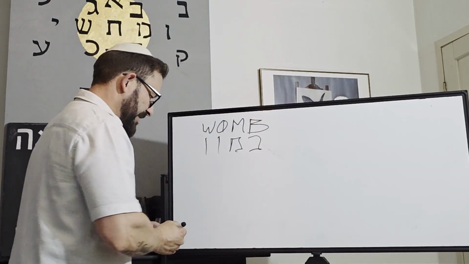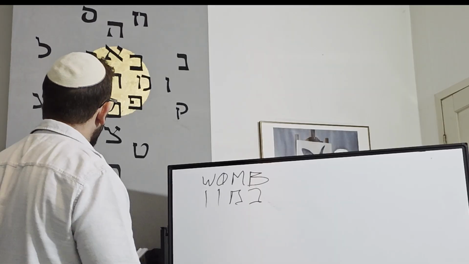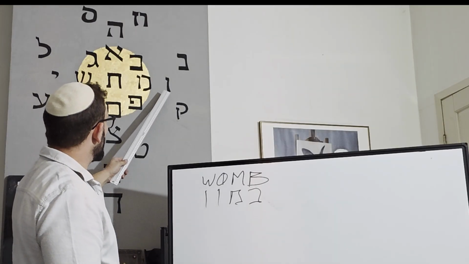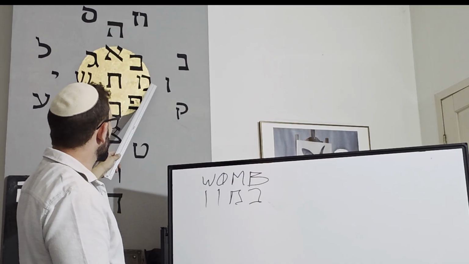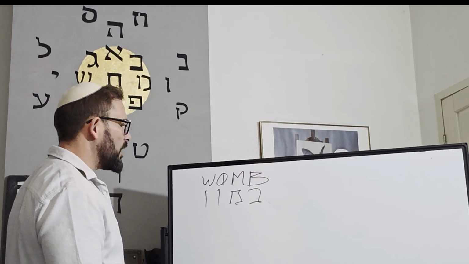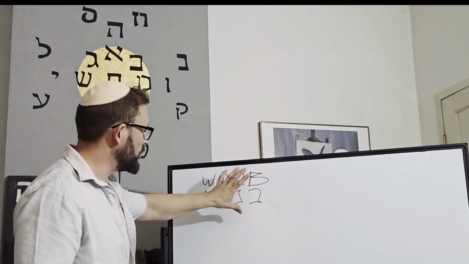And then you can see something interesting going on, because now I'll bring it back to the crown jewel. So the vav, the mem, and the base, all connected to the element of water, okay? Liquids. So this full word.